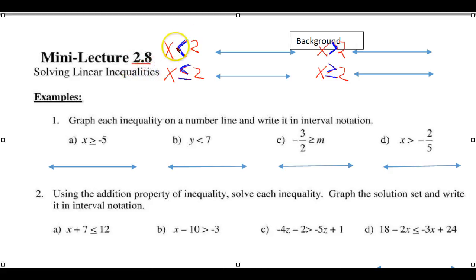Now, these are your inequality signs. You may remember this from chapter 1. This is less than or equal to. This is greater than or equal to. So we want to graph this. So here's a number line, and on all of these it's just going to be 2.